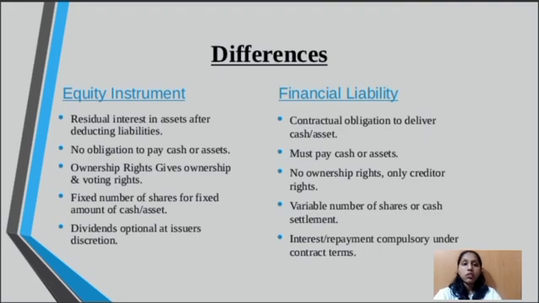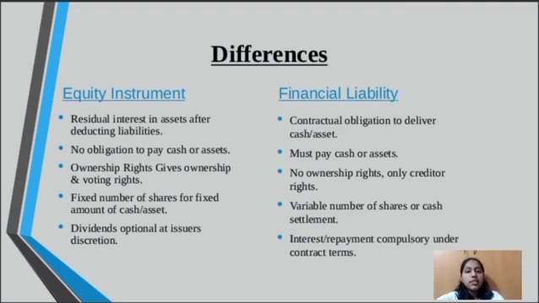Next comes the obligation to pay. In an equity instrument, there is no obligation to pay money or assets back, and dividends are optional. But in a financial liability, the payment is mandatory as per the agreement, and the issuer must deliver the principal and interest.